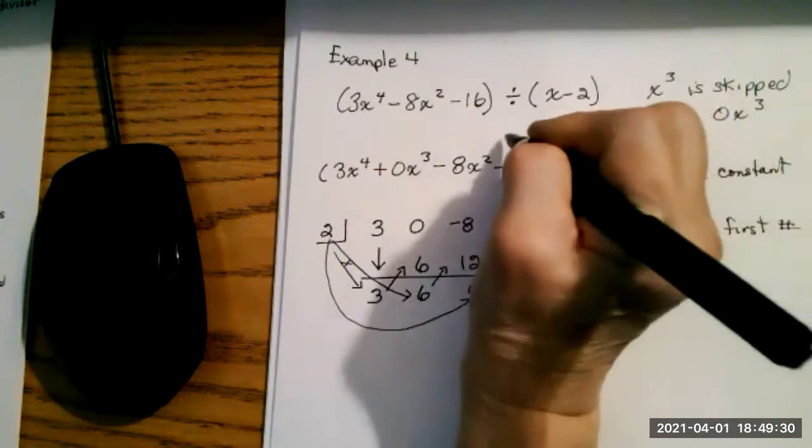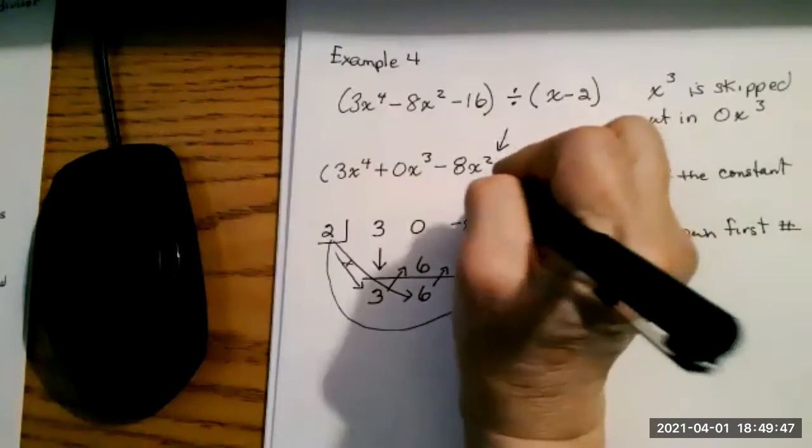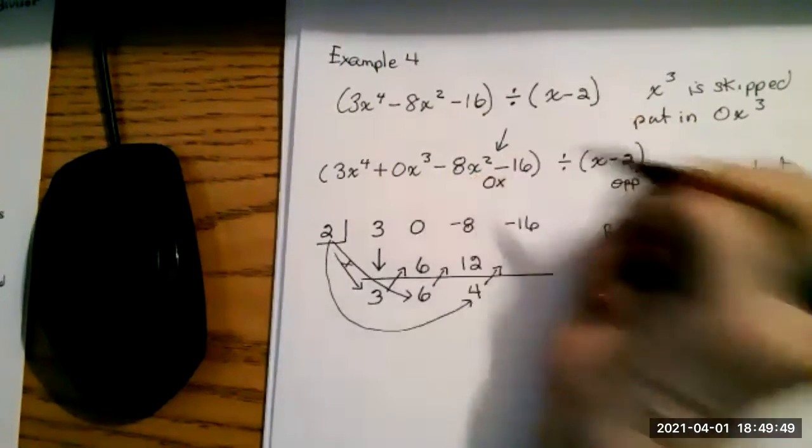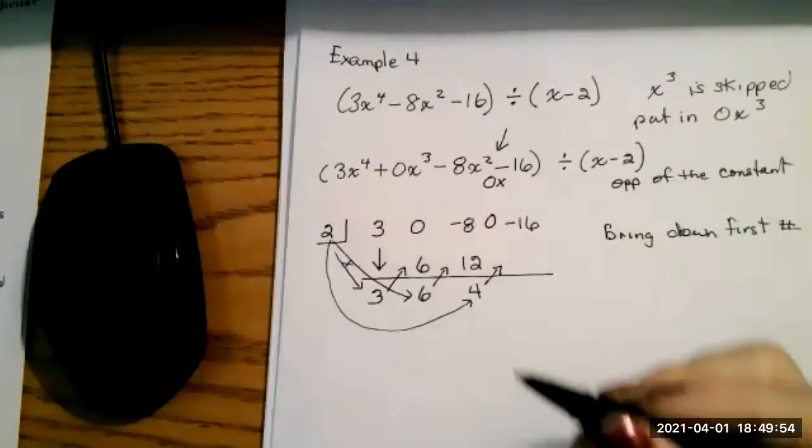It is right there. Are we missing x to the first? Yes, we are missing x to the first. So I need to add a 0 x to the first, which means there's going to be a 0 there.